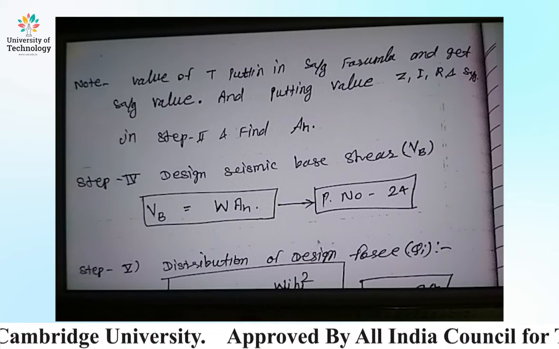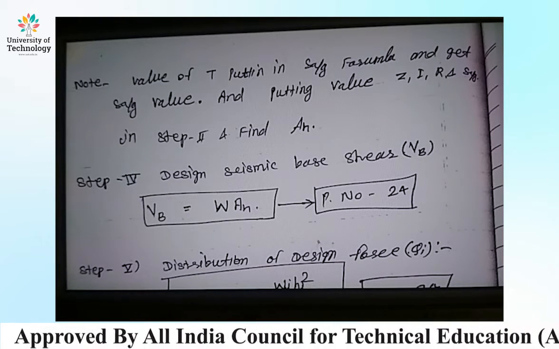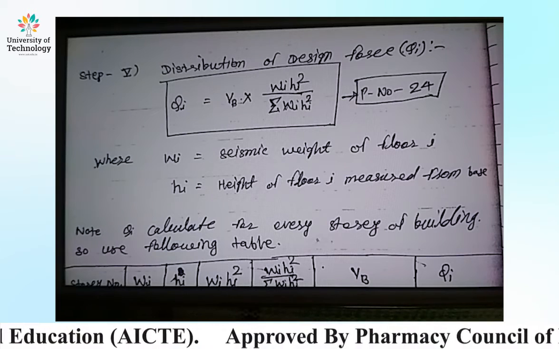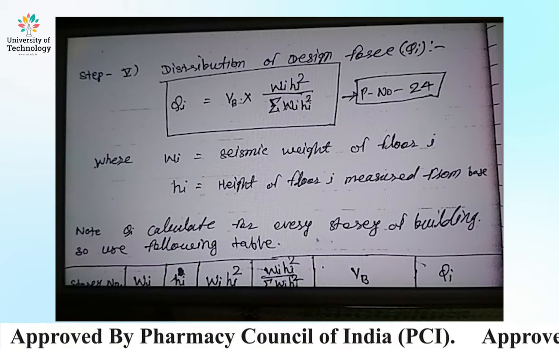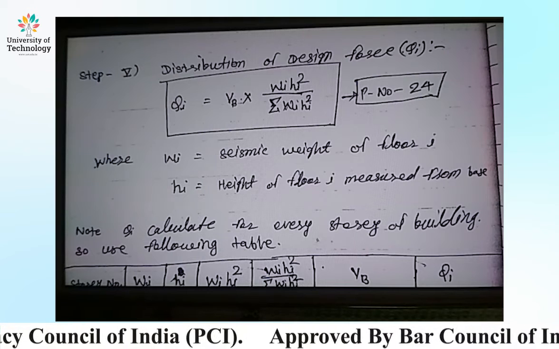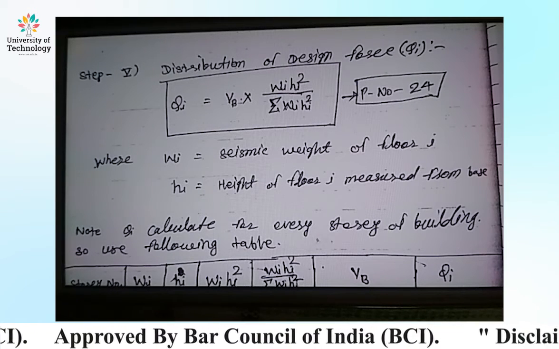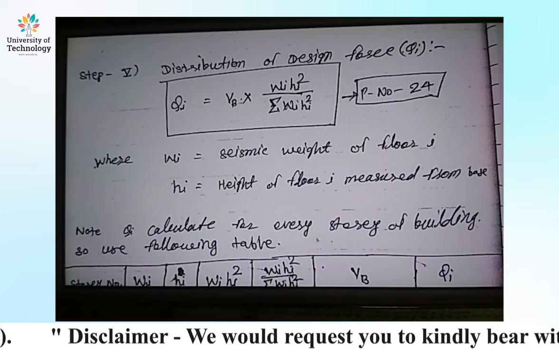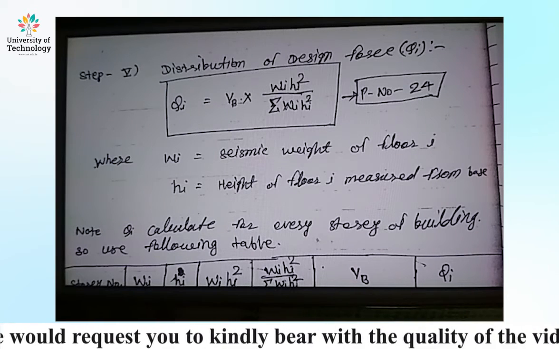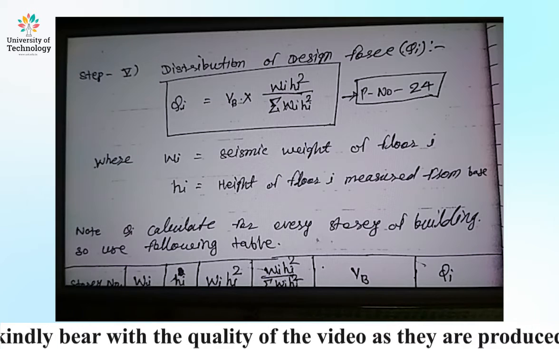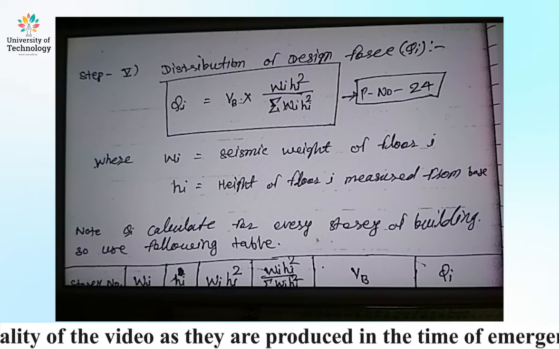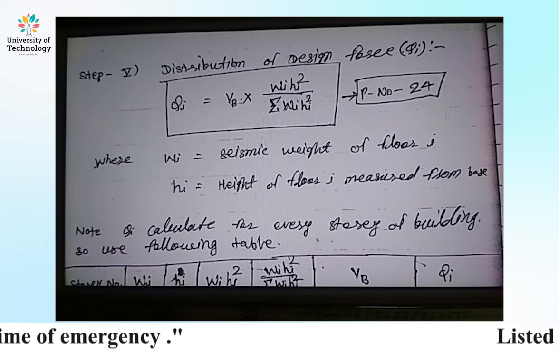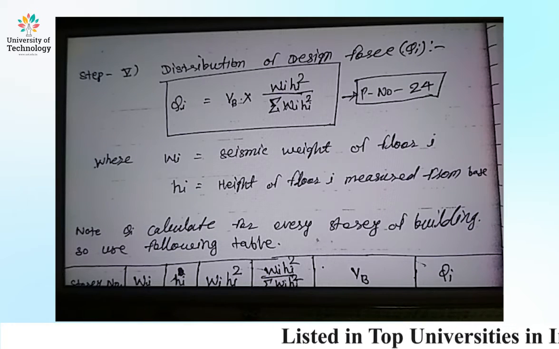So what does step 5 say? In step 5, the distribution of design force, represented by capital Qi, is calculated as Qi equals VB multiplied by Wi hi square upon summation of Wi hi square. This formula is given on page number 24. What is Wi here? Wi is the seismic weight of floor i.